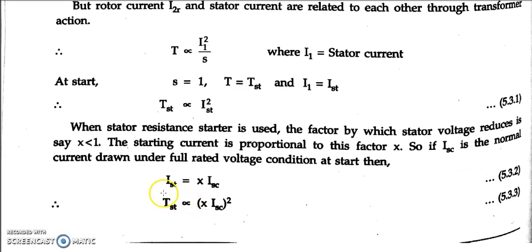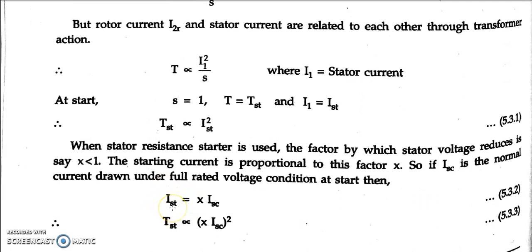And we know that as we are limiting the starting current, it will not be ISC. Let ISC be the normal or rated current.